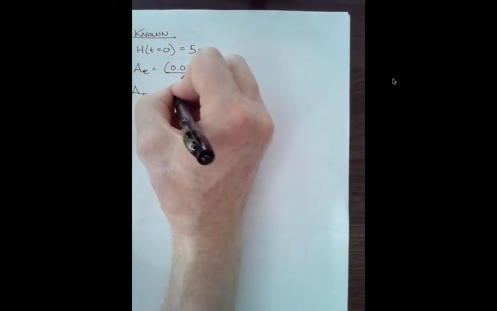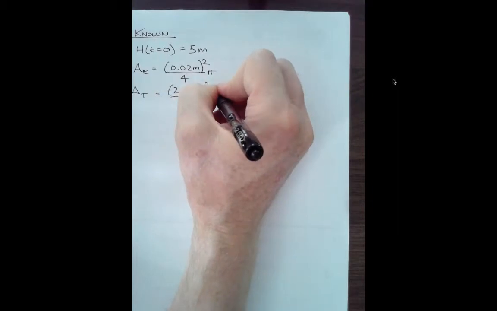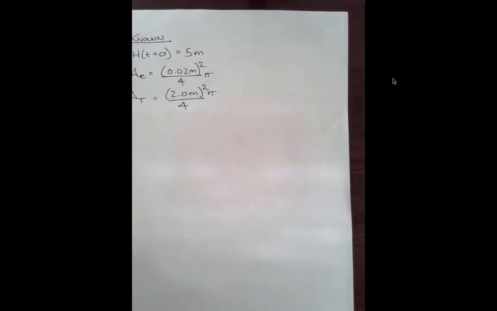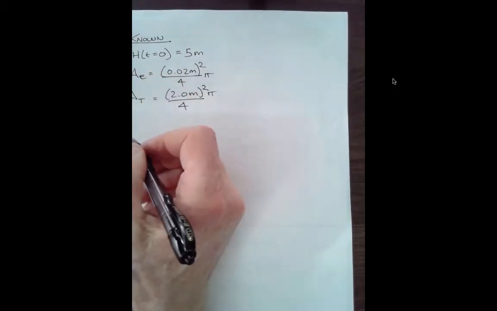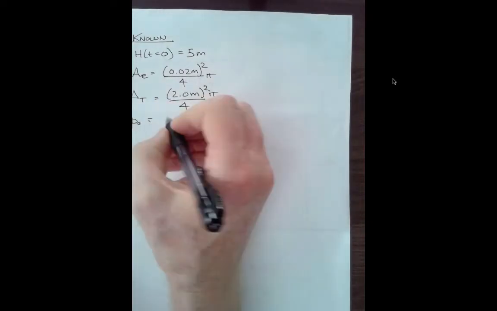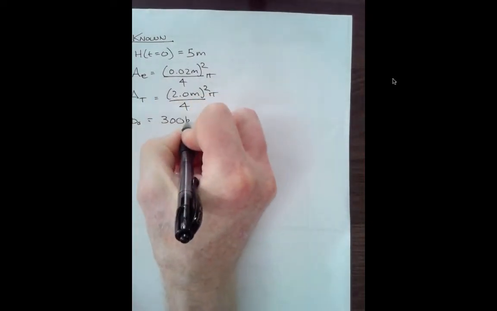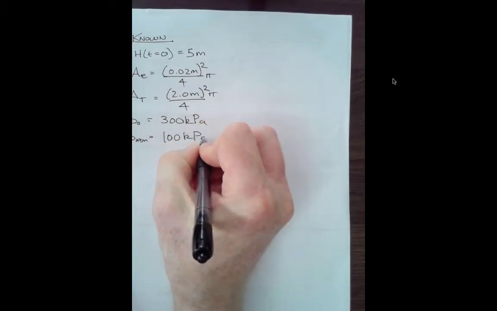We know that the tank is 2.0 meters squared over 4 times pi. We will find out when we take the ratio of the areas that all that's left are the diameters. You know that P0 is equal to 300 kilopascals, and P atmospheric equals 100 kilopascals.